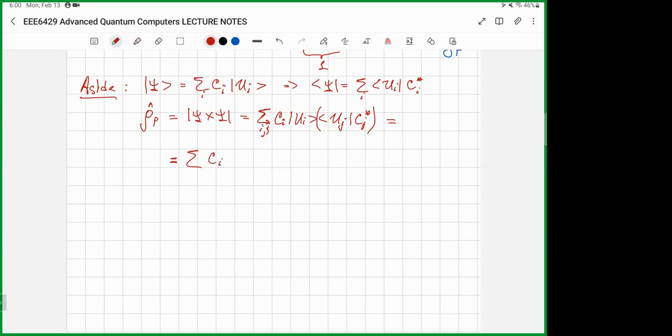So it will be Ci modulus square, and then here it will be Ui, like this, and the summation will run over I, and then plus the rest, the extra terms when I is not equal to J. In this case it will be Ci Cj complex conjugated, state I, state J.